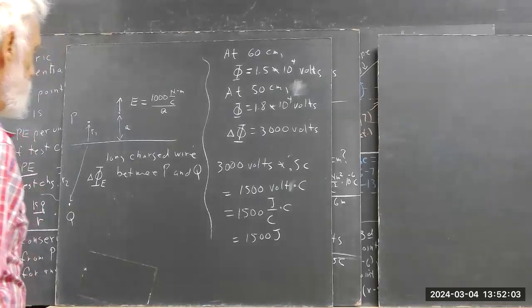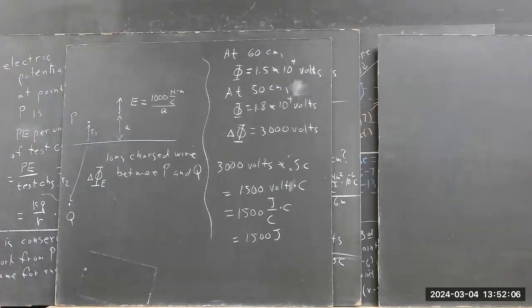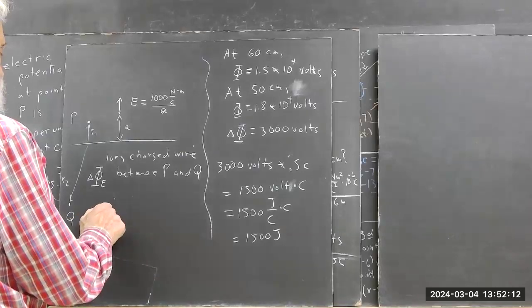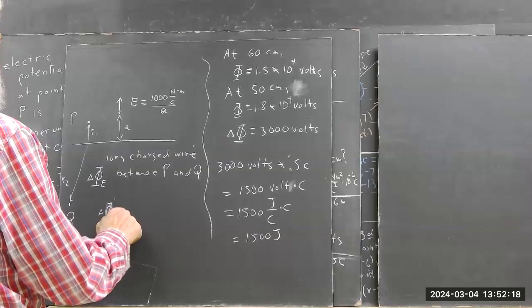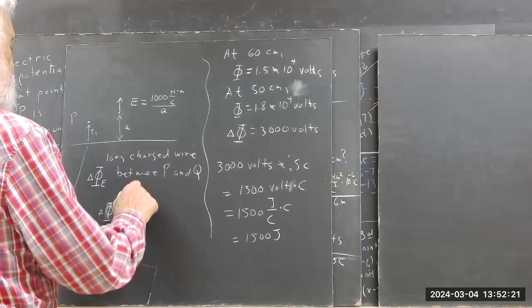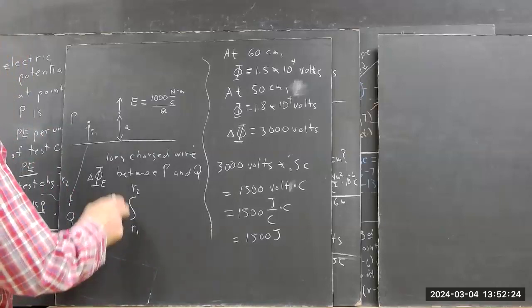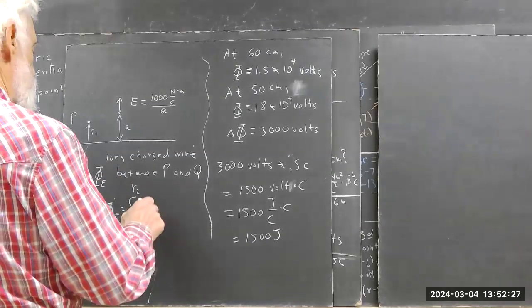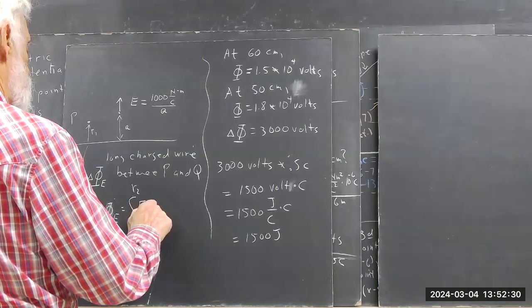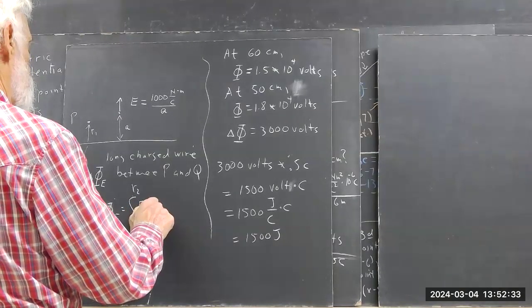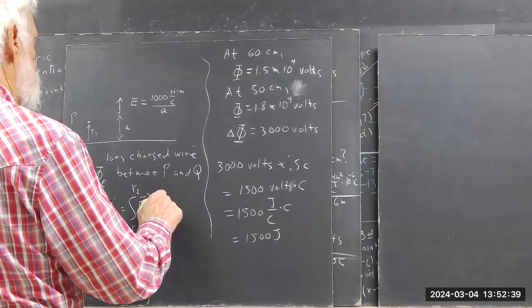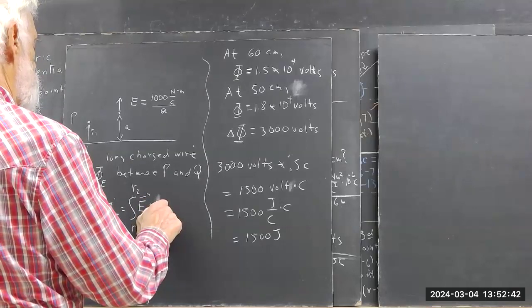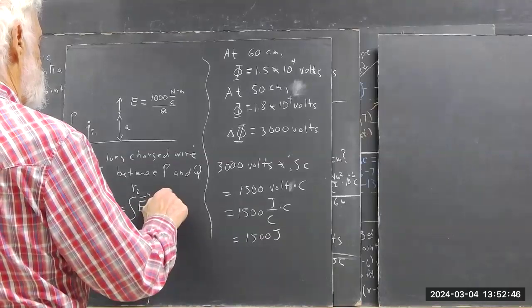Q is a distance R2. What you have to do is integrate from R1 to R2 along some path.